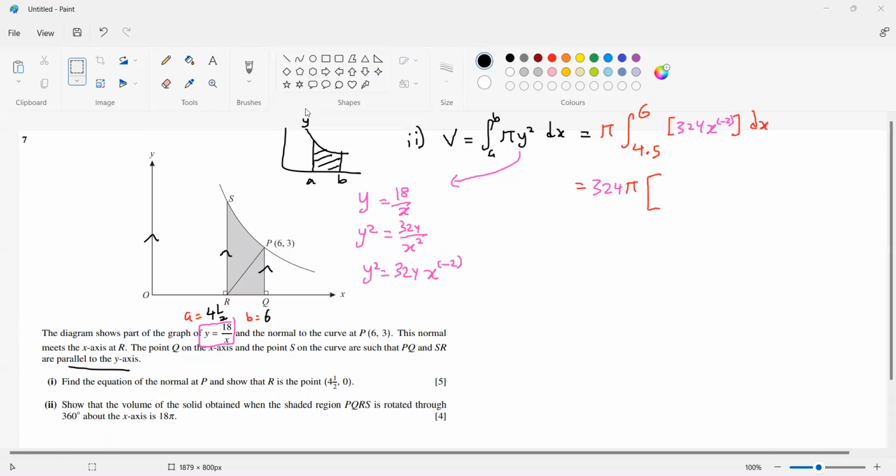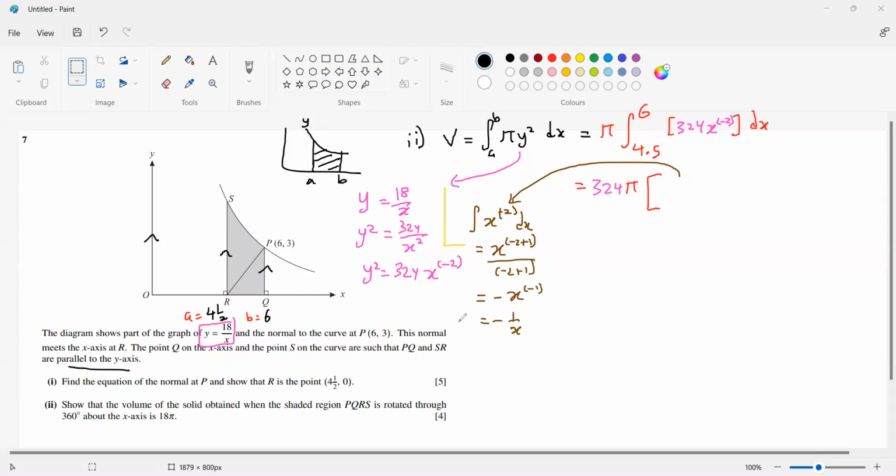That means in the bracket, by removing the 324, we're just integrating x to the power of negative 2 dx. Please take note. When you integrate this, you add 1 to the power, negative 2 plus 1, and then you divide by that. So you can easily see that this reduces to negative x to the power of negative 1, which is negative 1 over x.